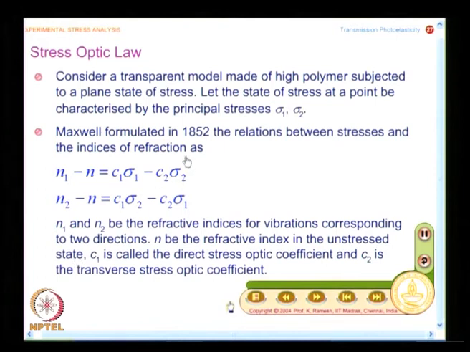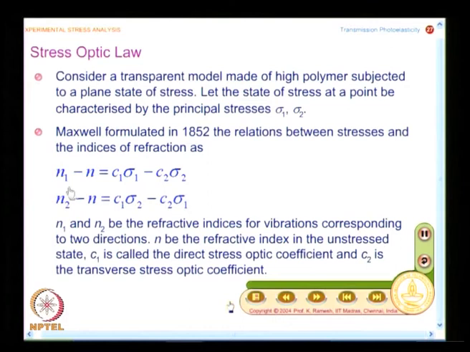Based on a series of experiments, he was able to establish a relationship: n 1 minus n equal to C 1 sigma 1 minus C 2 sigma 2, and n 2 minus n equal to C 1 sigma 2 minus C 2 sigma 1. A similar exercise could be extended for 3 dimensions, which I am not paying attention to now.